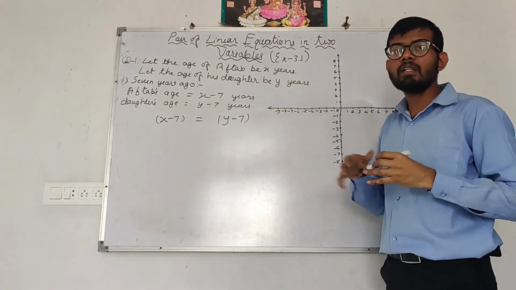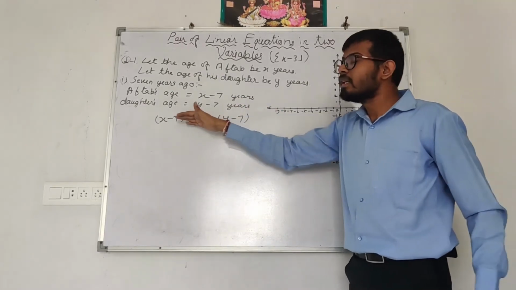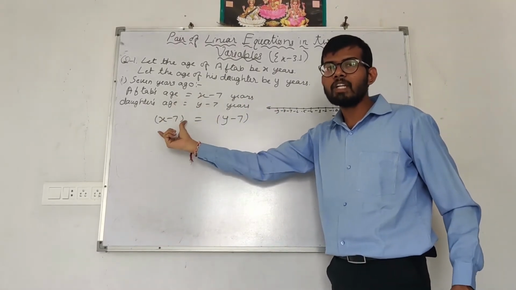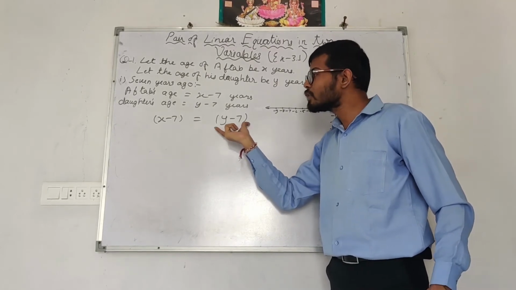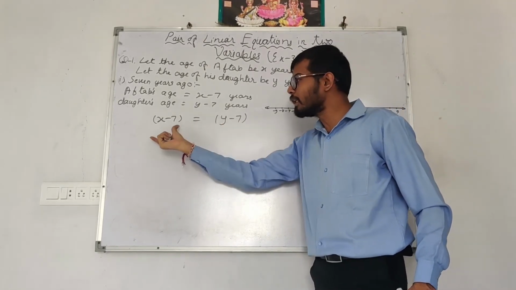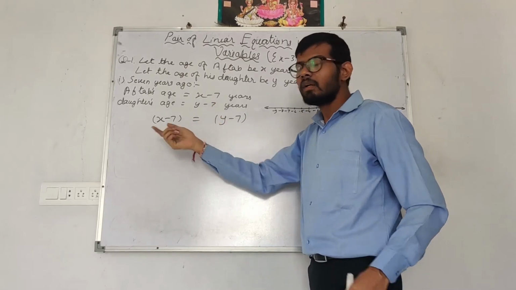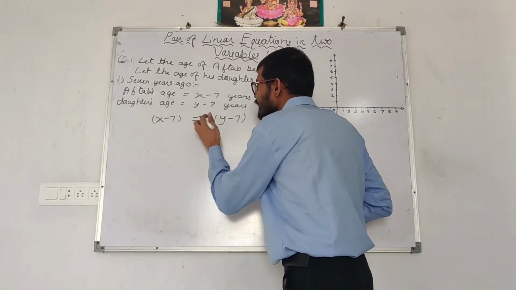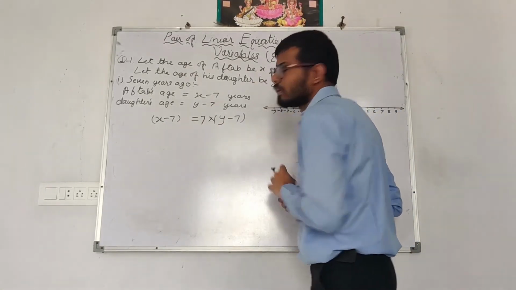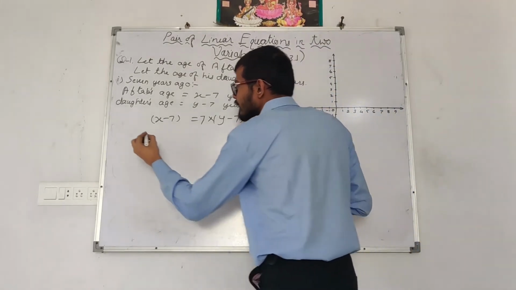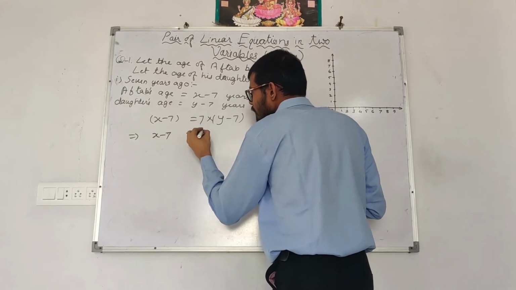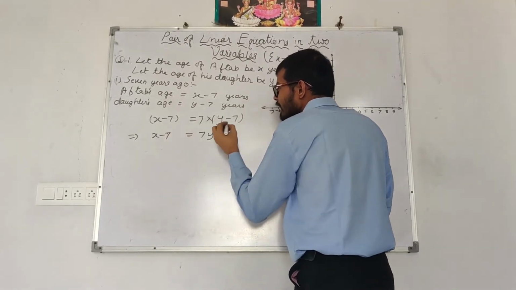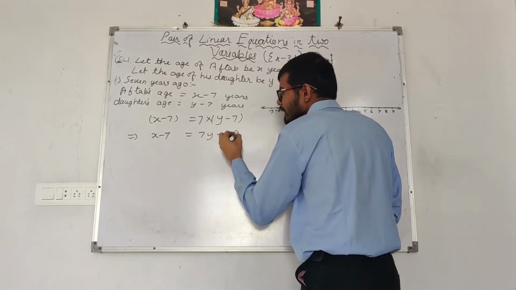But in the question, the condition was that 7 years ago Aftab's age was 7 times the age of his daughter. As his daughter's age was so low compared to Aftab, that is 7 times, we will multiply the age of the daughter by 7. So further we will solve this equation. x minus 7 equals 7y, 7 into 7, minus 49.